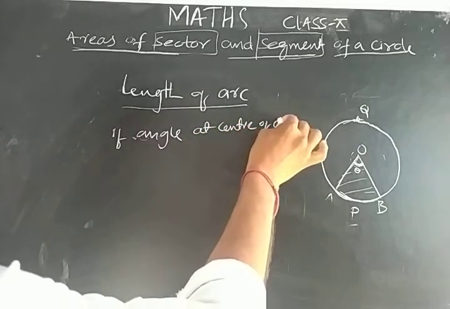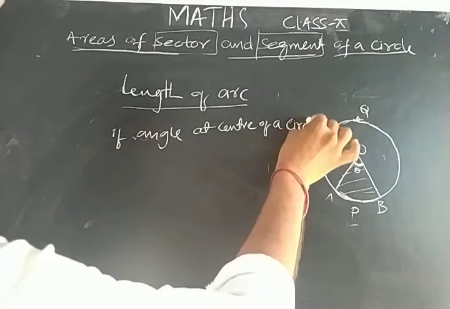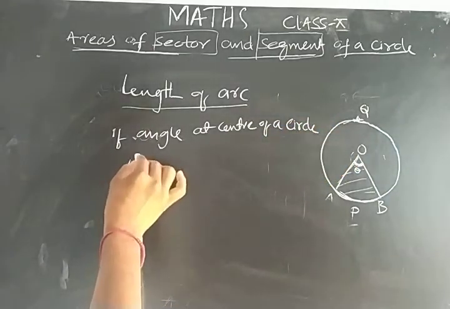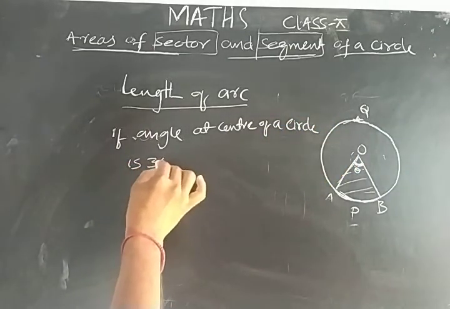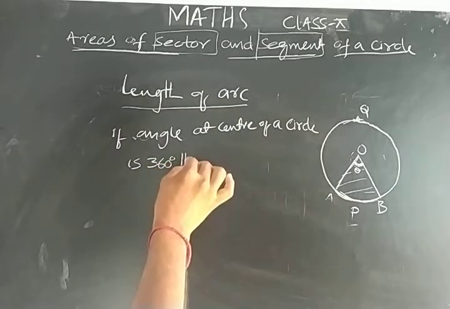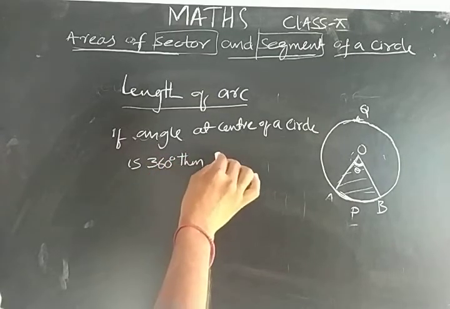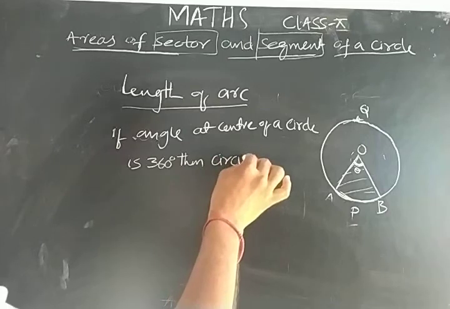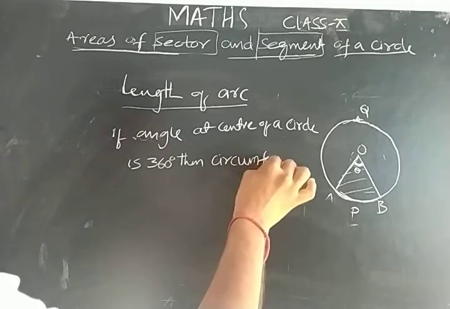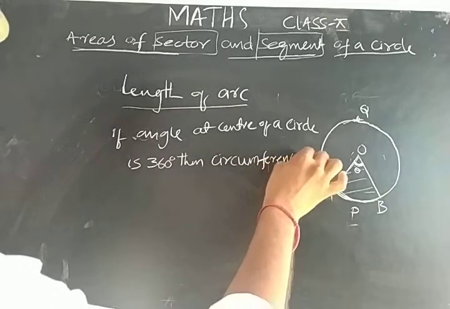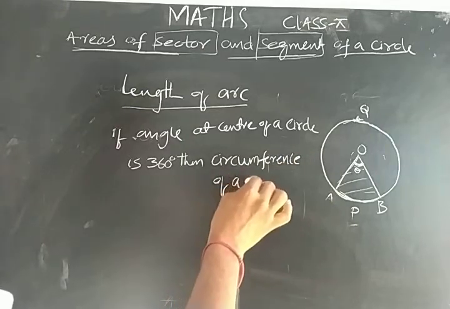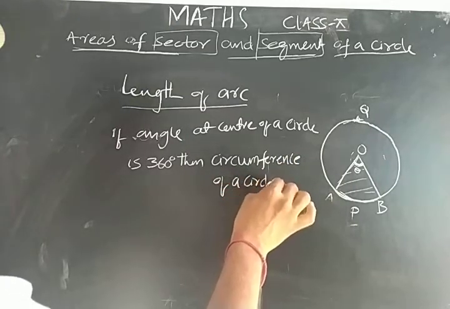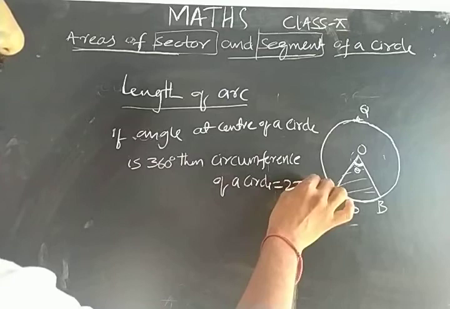If the angle at center of a circle is 360 degrees, then the circumference of a circle, what is the formula? Circumference of a circle is 2 pi r. We know this.